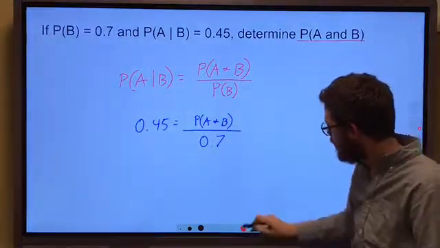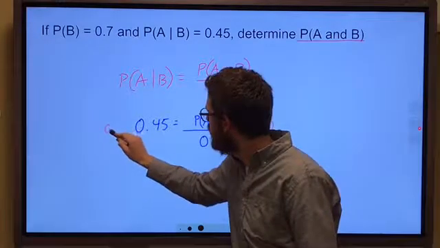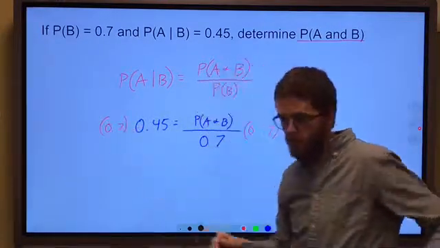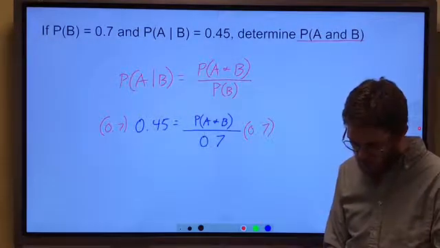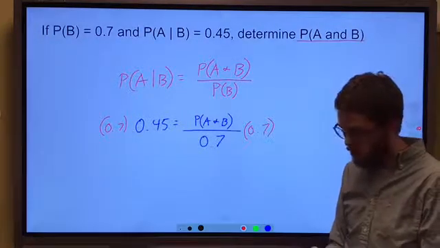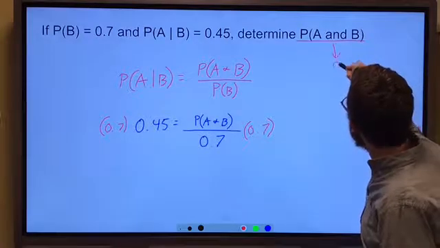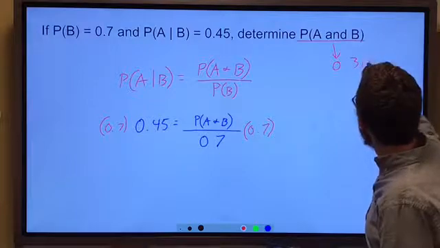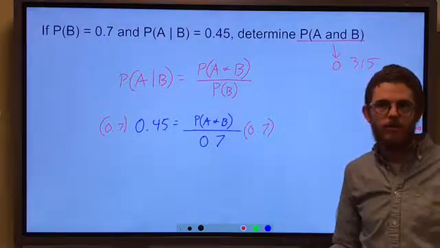We're dividing by 0.7, so we're just going to multiply both sides by 0.7. And we simply multiply that together. And the probability of A and B is 0.315. Just plug in what you've got.